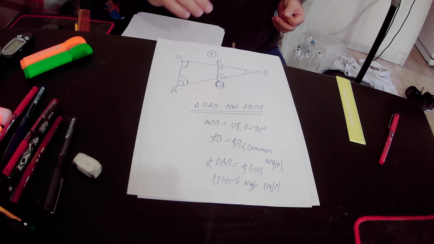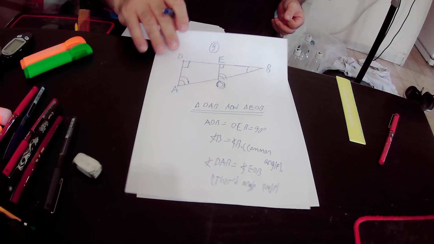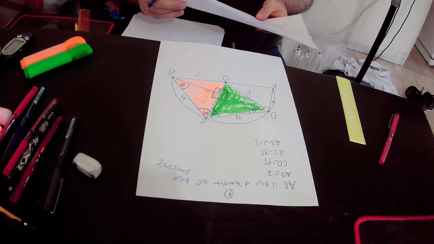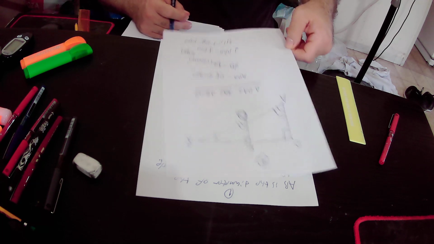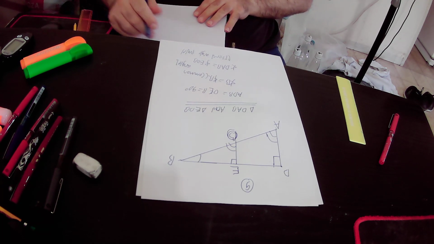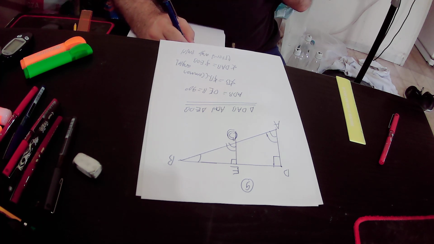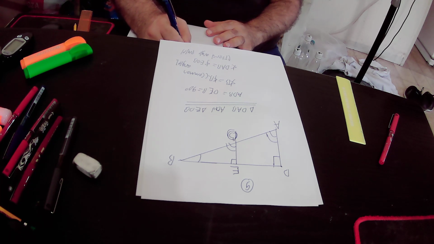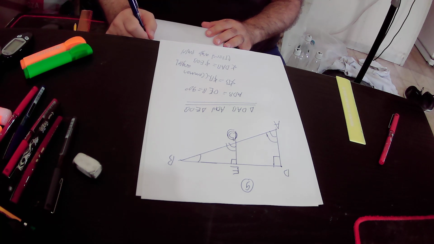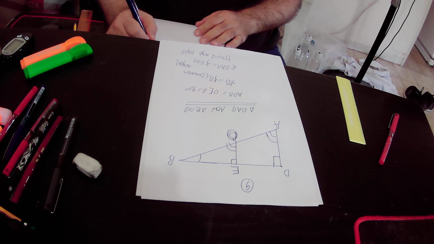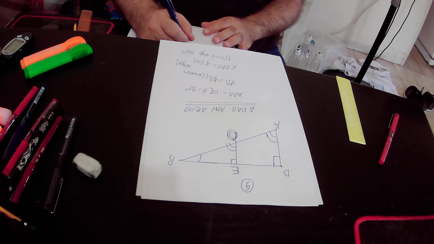That is to say, those two triangles are similar to each other.